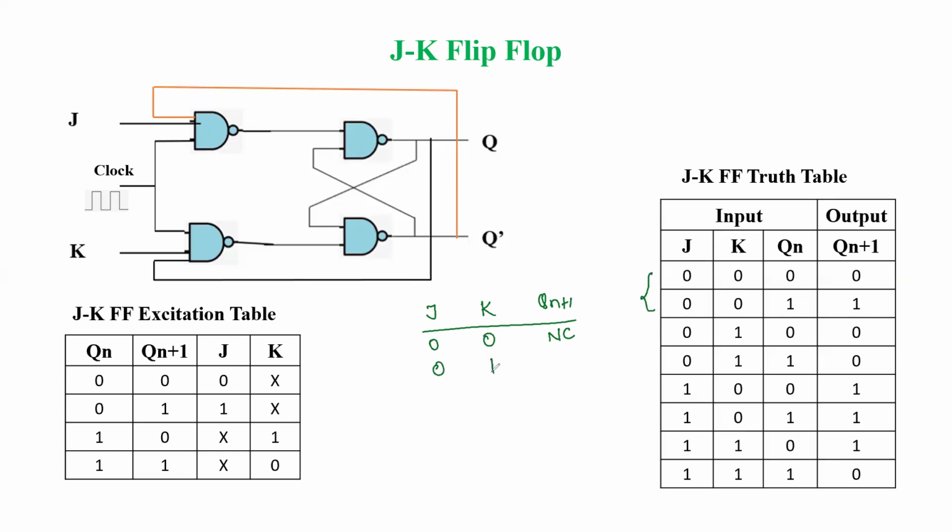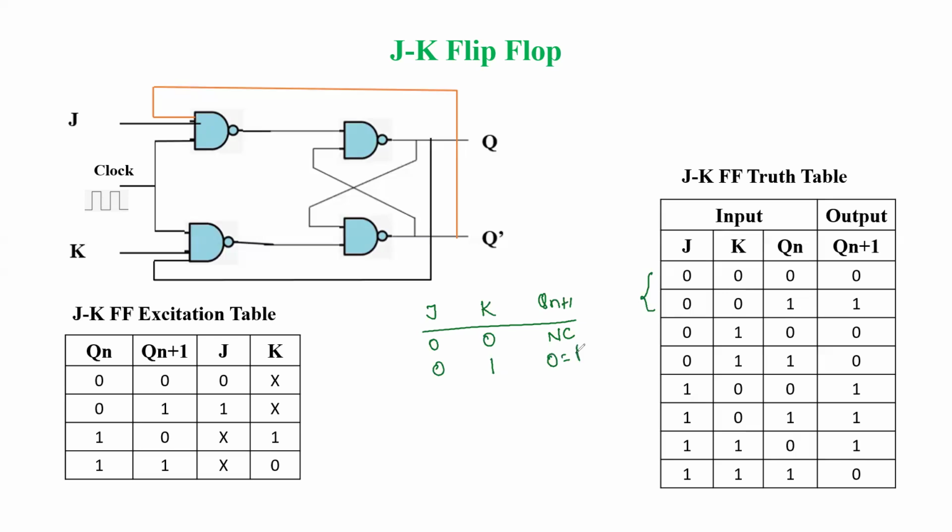When we have J and K as 0, 1, in this scenario, whether the Qn value is 0 or 1, the next state is going to be 0.